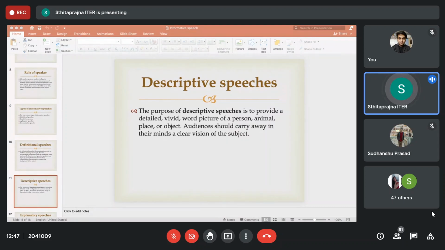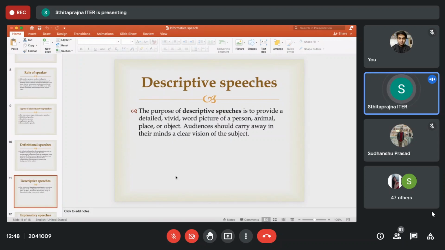So maybe you can pick up something like that for your informative speech, and not telling us these are the places to be visited. So Bhubaneswar, I don't know about many other places, but Bhubaneswar, Lingaraj Temple, areas in and around Dhauli and Khandagiri. No, don't make it so uninteresting and monotonous.